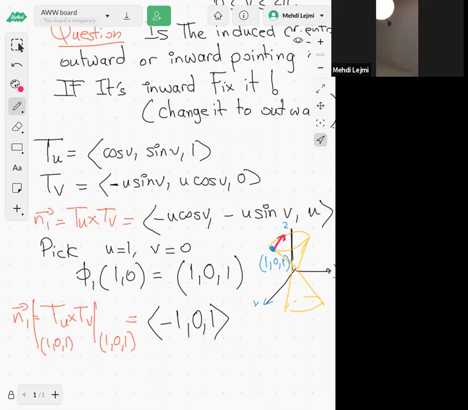It goes -1 in the direction of x, so it goes in the opposite direction of the x-axis. So this is the vector (-1, 0, 1). So it's inward, right? Because it goes sort of inside the cone, not outside the cone. So this is the inward pointing normal.